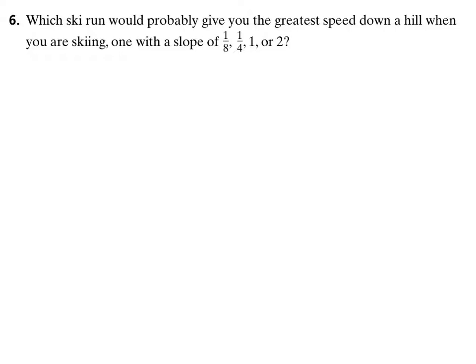Alright guys, so this one's very similar to the last one, except we want a greater slope now. So if we were going down the hill, we would want a slope with a higher rise to run ratio. So if we look at these and make fractions out of the 1 and 2, we can see that the 2 to 1 ratio is going to be the highest of the 4, which again would make the slope much steeper.